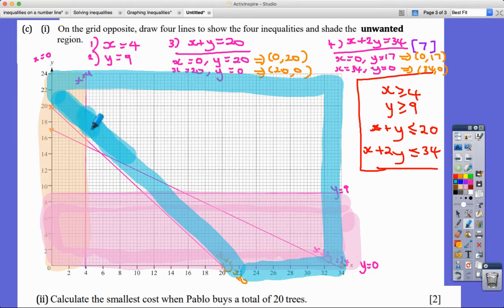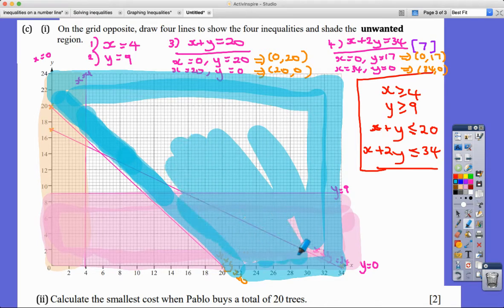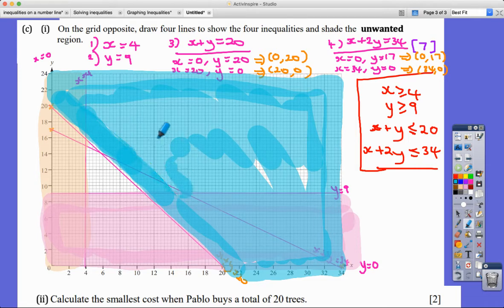Like so, and then we just go and shade all of that out. So it's a big area gone, and we've only got a little bit of area left, haven't we? So let's try and get this right.